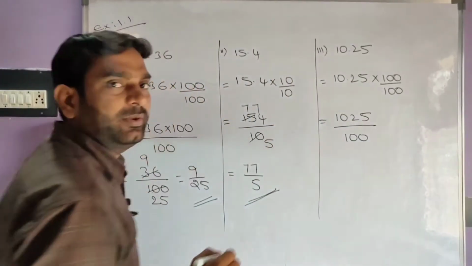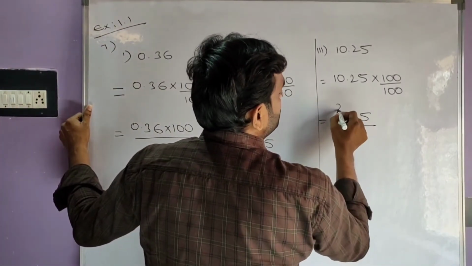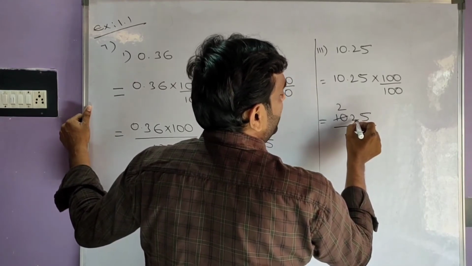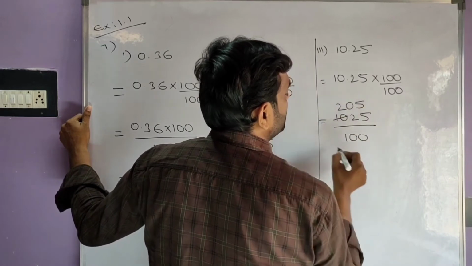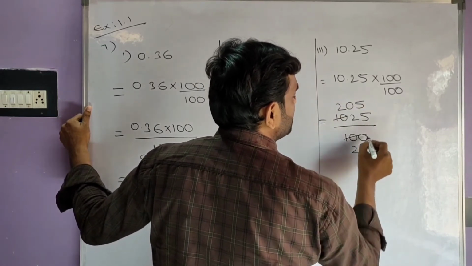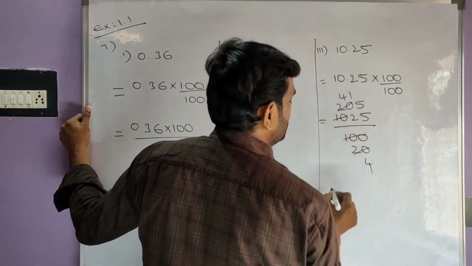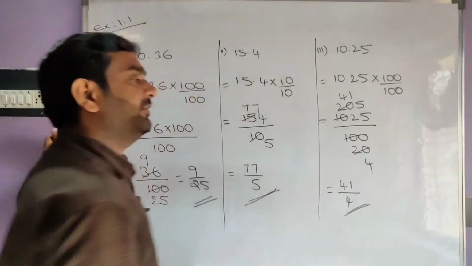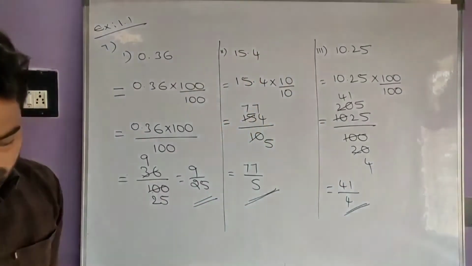Now 5 2s are 10. 2 is not divisible by 5. Take 25. 5 5s are 25. Write 0 here. 5 2s are 10, 0. 5 4s are 20, 5 1s. So we got 41 by 4. 41 by 4. And this is the p by q form.